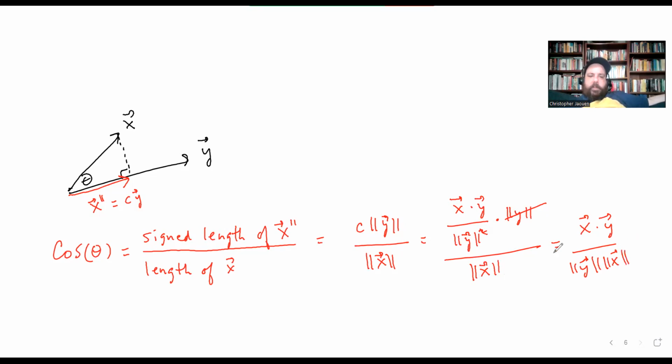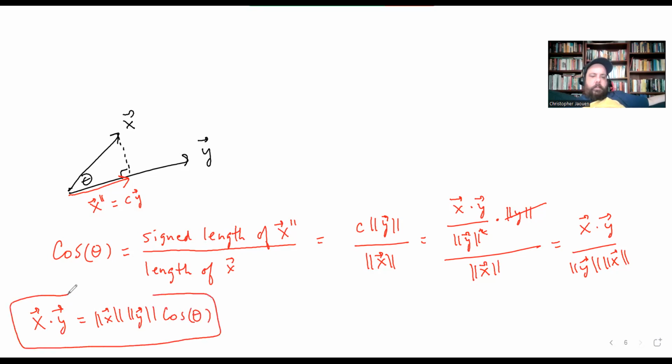Right, so that's where the formula comes from. Usually people write it in terms of the dot product: x dot y equals length x, length y times the cosine of the angle between them. But they mean the same thing, as long as the length of x or y is not 0.